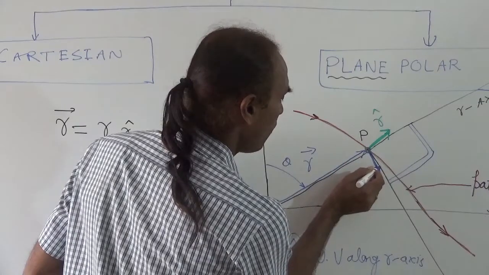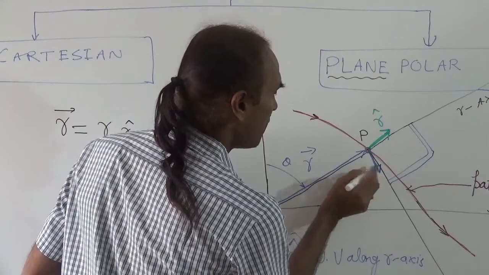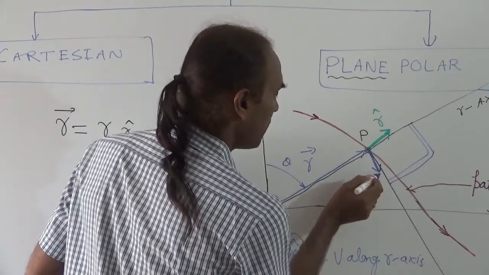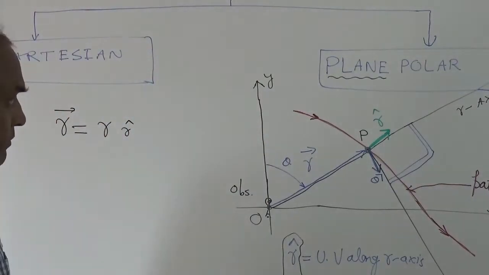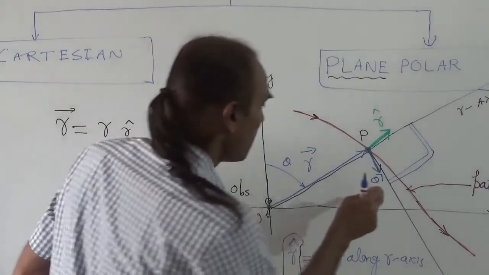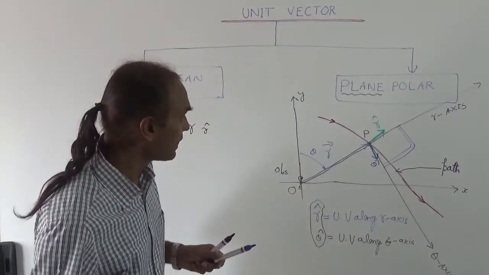The blue small tiny arrow is the unit vector theta cap. And theta cap must be lying along the theta axis.